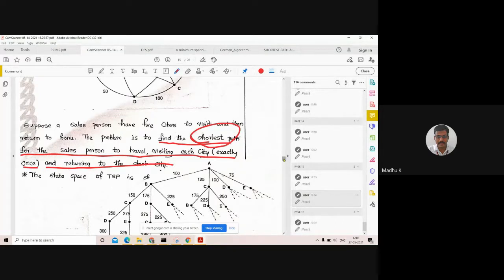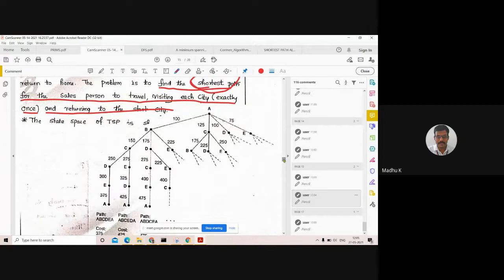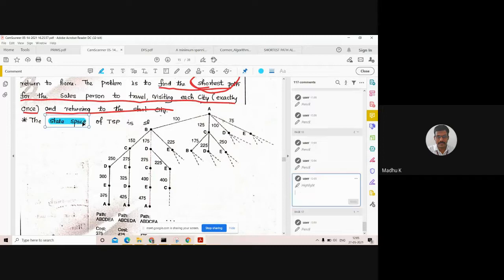If you consider the state space graph, in artificial intelligence we can apply a state space graph approach. The state space of the problem will be like this, and it will be very huge. One approach is to develop the state space graph like this.